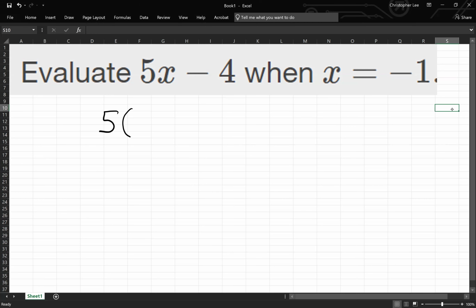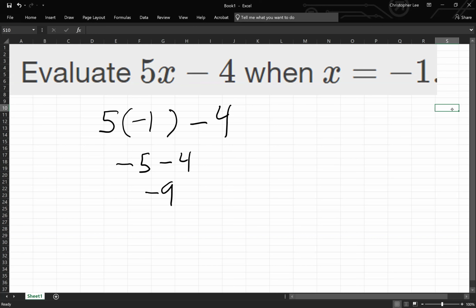And then in place of x, I'm going to put what? -1, right? So then now we just do the math on that. 5 times -1 is -5. So I have -5 minus 4. And -5 minus 4 is -9. That's it. Questions on this?